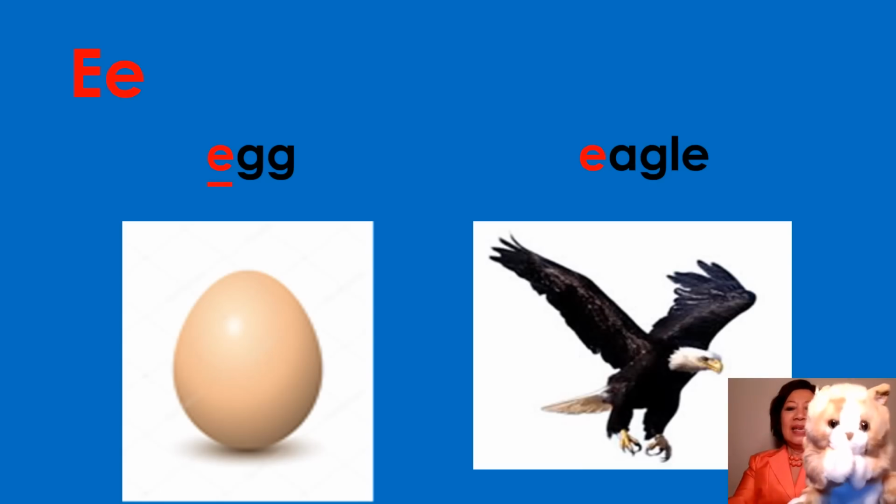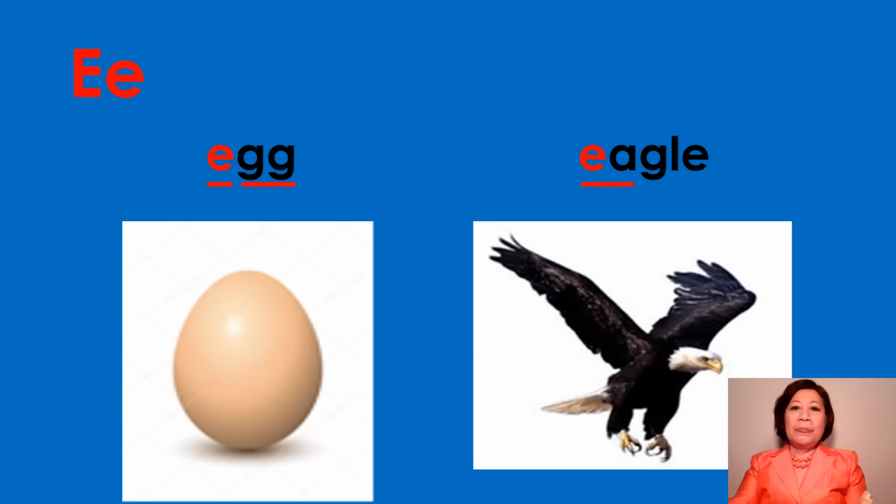E. E says E as in egg. Egg. I like to eat boiled egg. E. E says E as in eagle. An eagle has a sharp beak and strong claws.